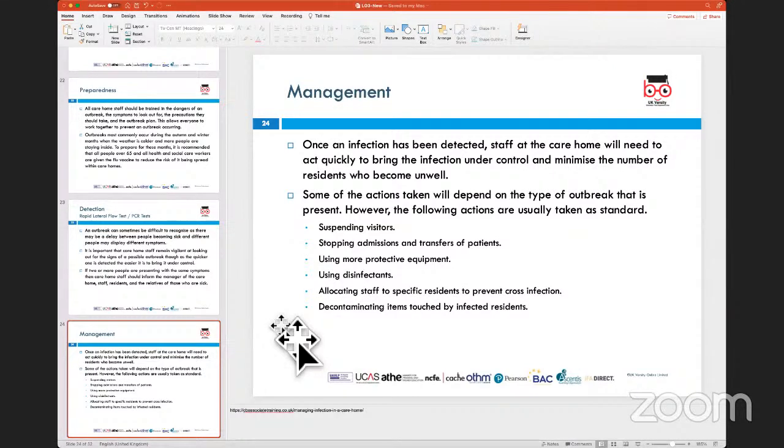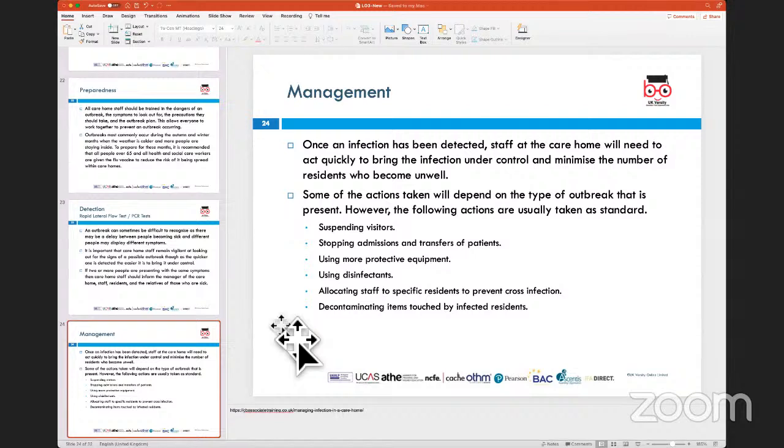So as it was detected, it was important that people in leadership and management positions were able to show leadership and take bold decisions to ensure that the outbreak could be controlled, and in certain cases put stringent measures and actions in place, which were supposed to be recognized and adhered to by all members of staff within the care home. They were done primarily to control the outbreak.